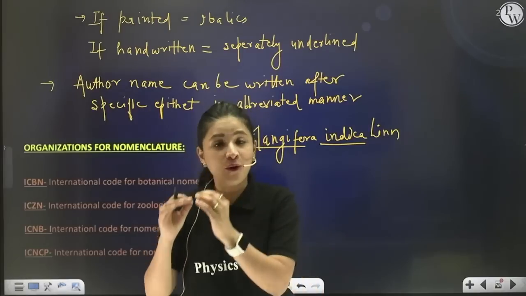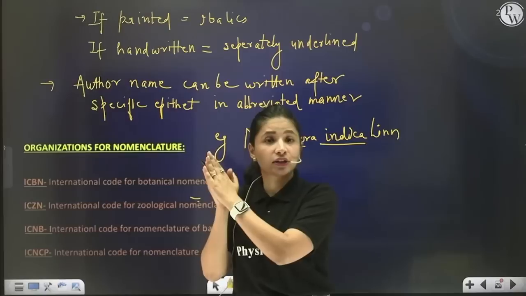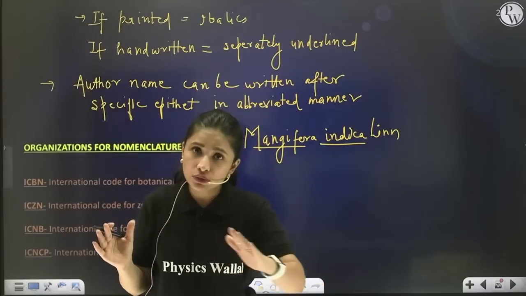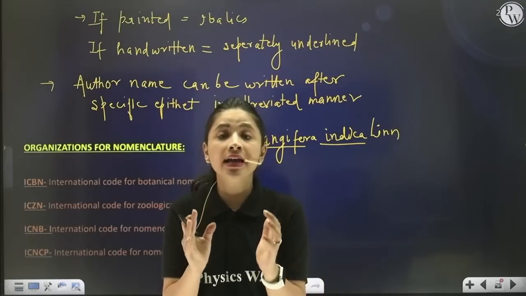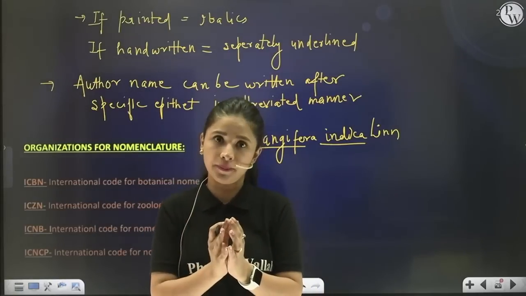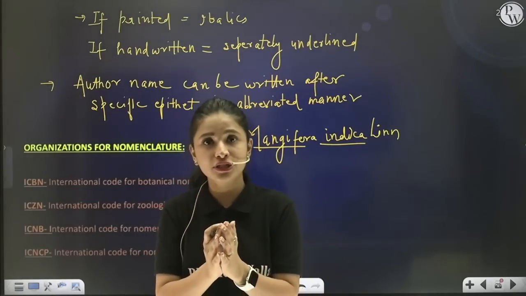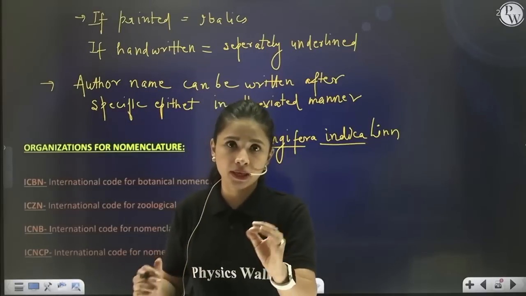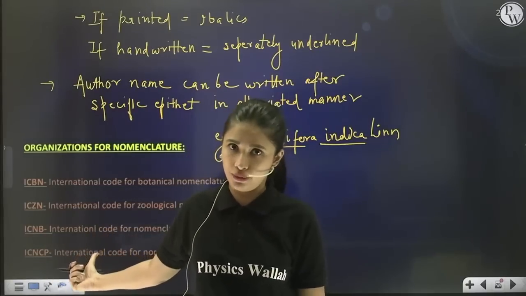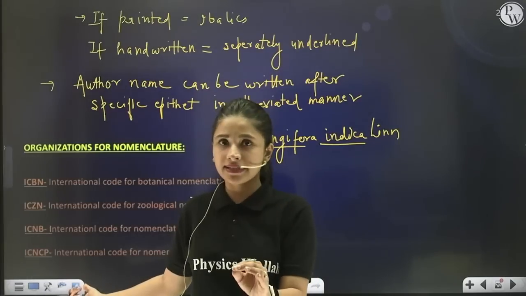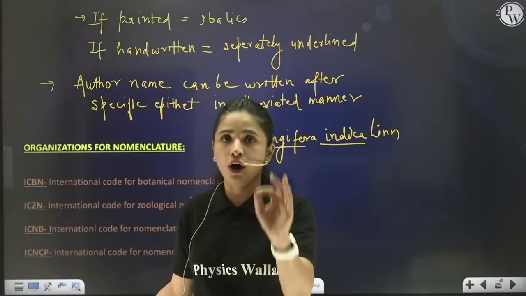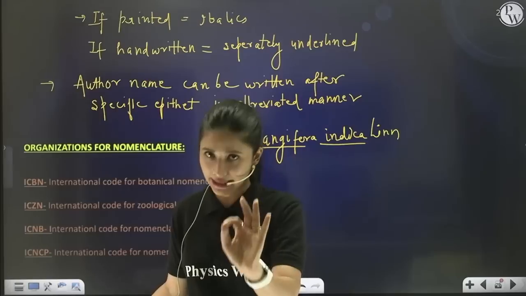So, in order to ensure that new organisms are also named in the same manner, certain organizations are set up. The names of the organizations which you have to remember are mentioned on the board. Let's check one by one all those organizations responsible for correct nomenclature.